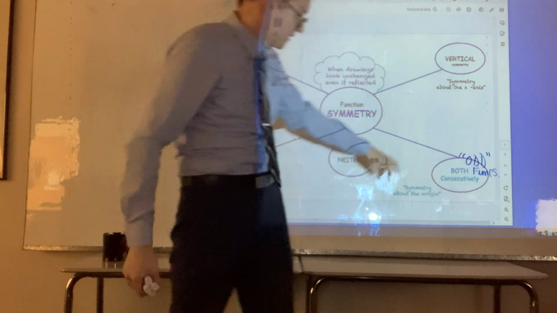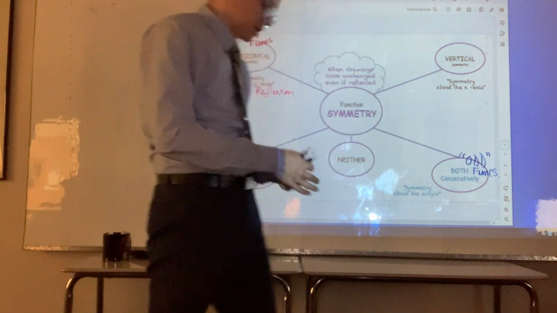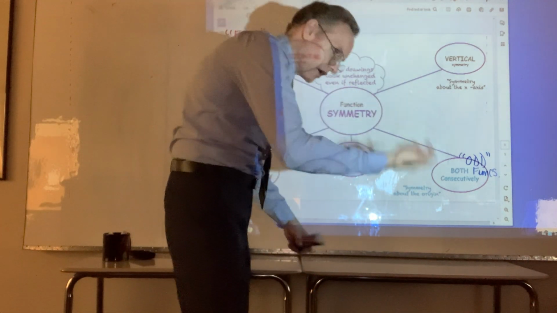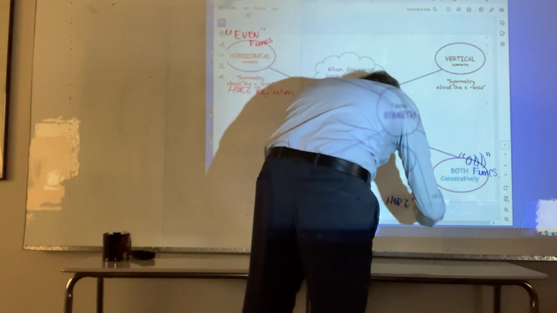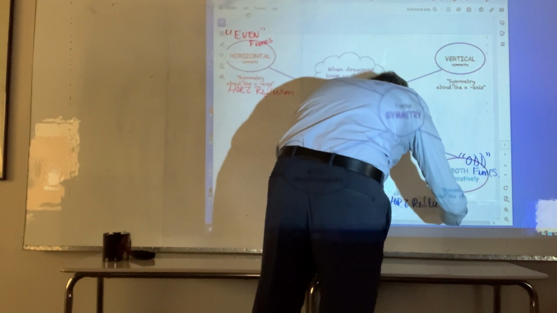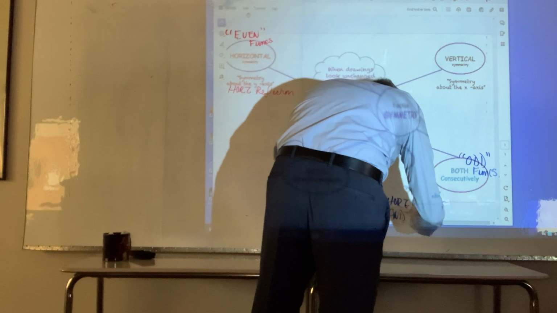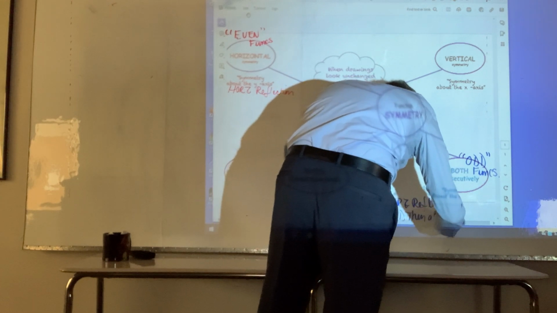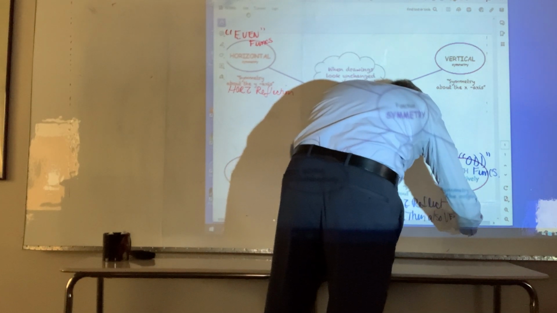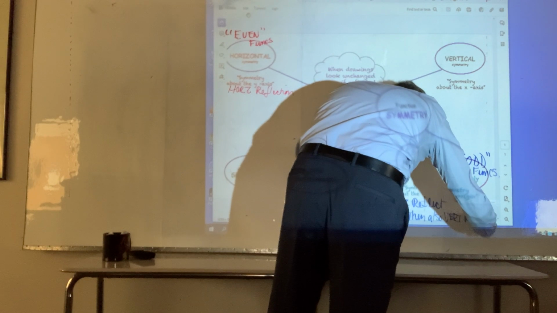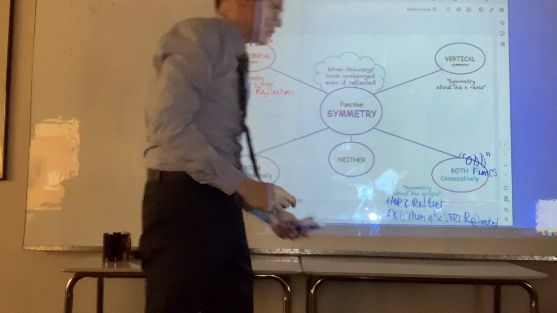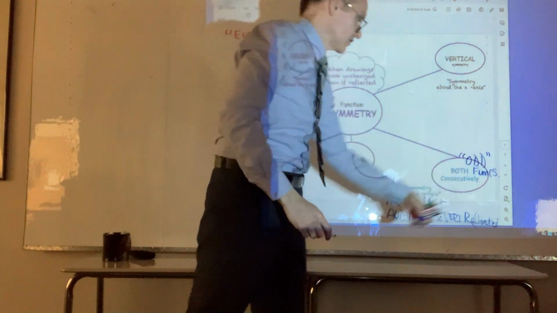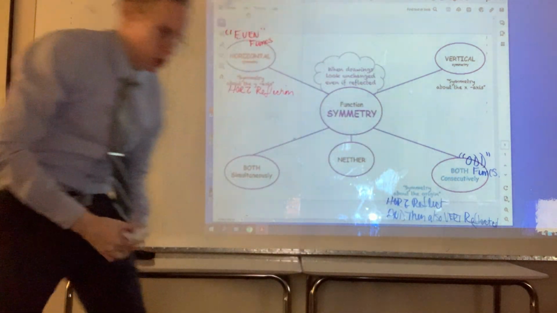They call that symmetry about the origin. To summarize that, it means horizontally reflected and then also vertically reflected. That is to have symmetry about the origin or both consecutively, to call something an odd function.